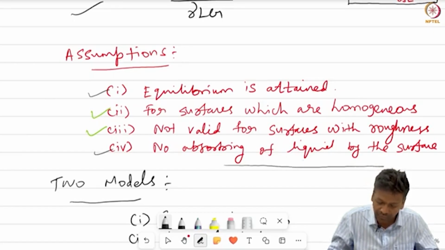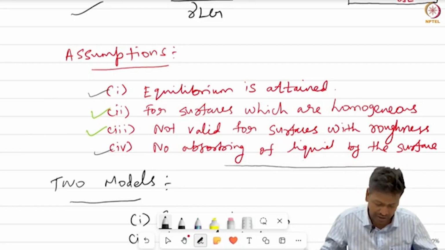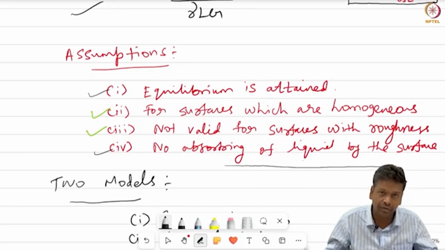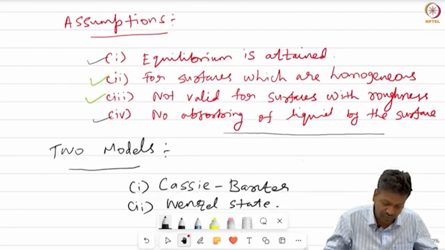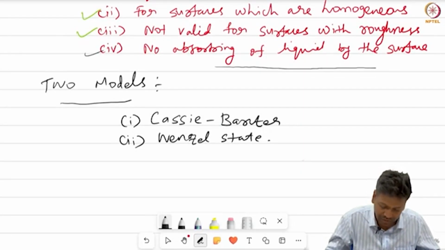This part we will cover in the following lecture, but in today's lecture we are only going to look at how we can tackle surfaces that are heterogeneous and surfaces with roughness. We have got two models: one is Cassie-Baxter, the other one is Wenzel.